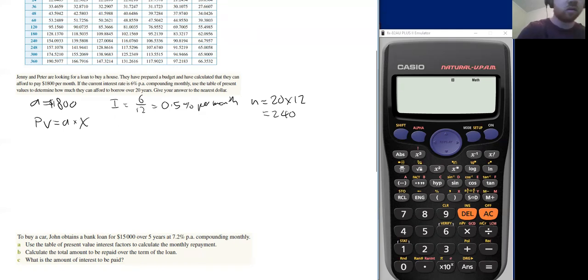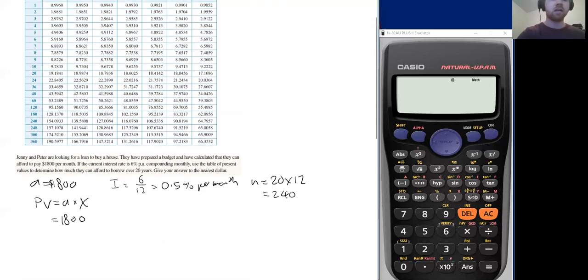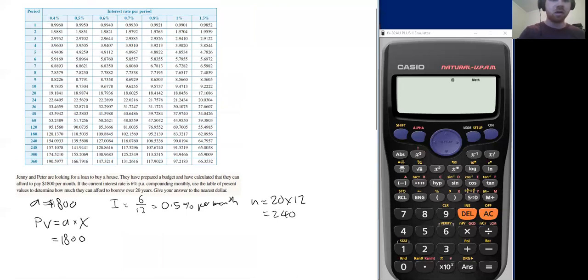Okay, so PV is going to be $1,800, and then I've got to use my interest table. Now, you can see here, this interest table is the one with the smaller percentage. Remember last lesson we had two different tables, one that had percentages like 5%, 6%, 7%, and this one has things like 0.5%, 0.6%. And there's some question as to when do I use which table?